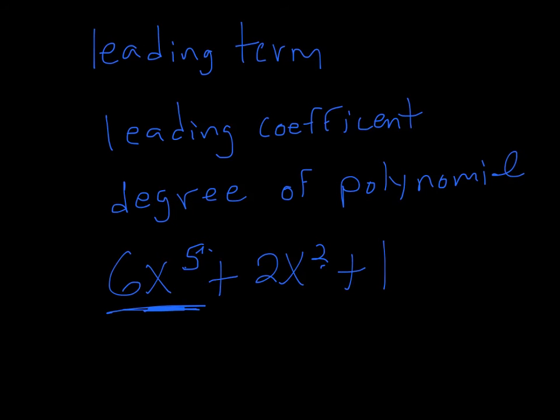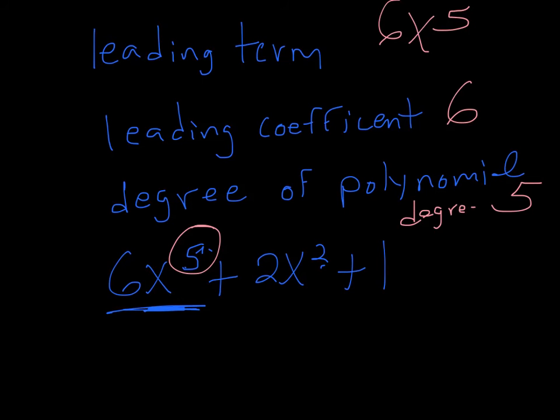The leading coefficient is going to be 6, because that's the coefficient that's on here. And the degree of the polynomial, you can see that the highest power is 5. So this is a polynomial of degree 5. The leading term is 6x to the fifth. The leading coefficient is 6.